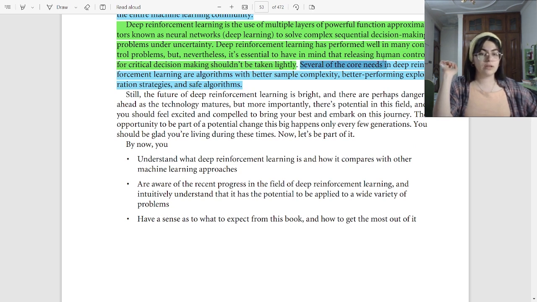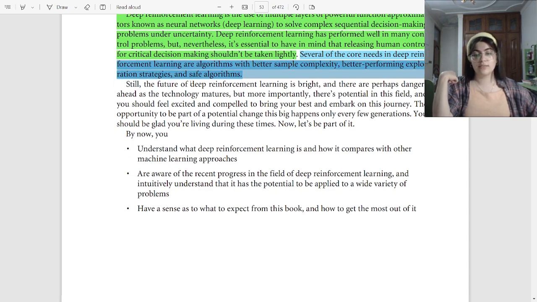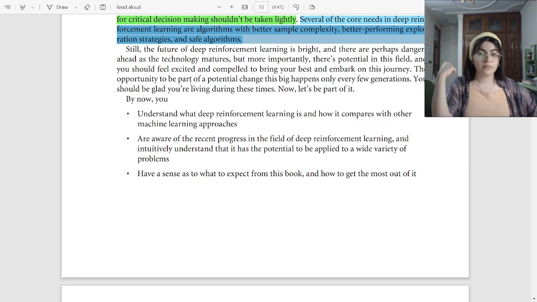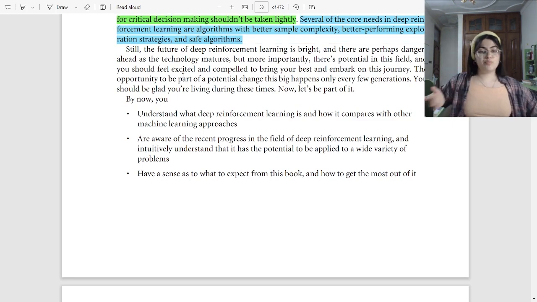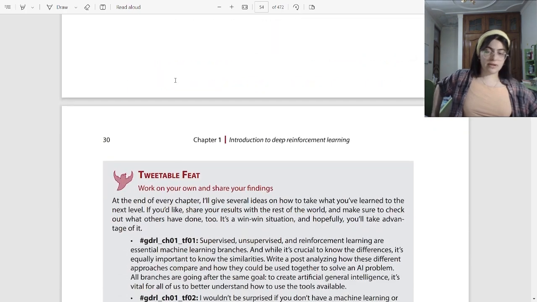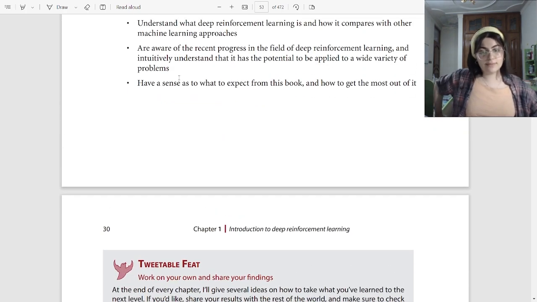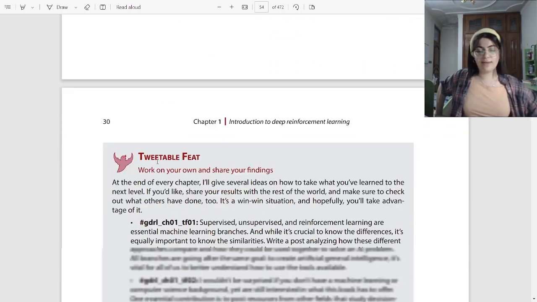Several of the core needs in DRL are algorithms with better sample complexity, better performing exploration strategies, and safe algorithms. And yeah, the future is bright. There are so many research areas in this field. And I hope that goes well.